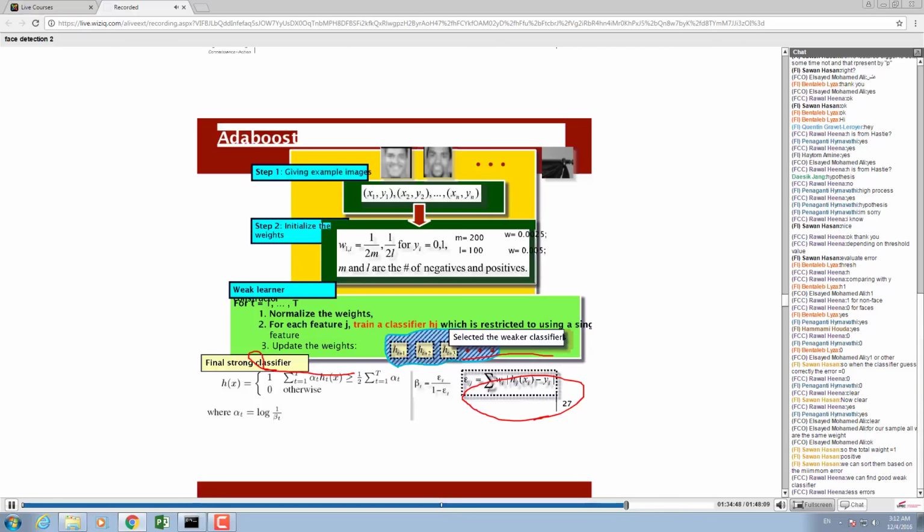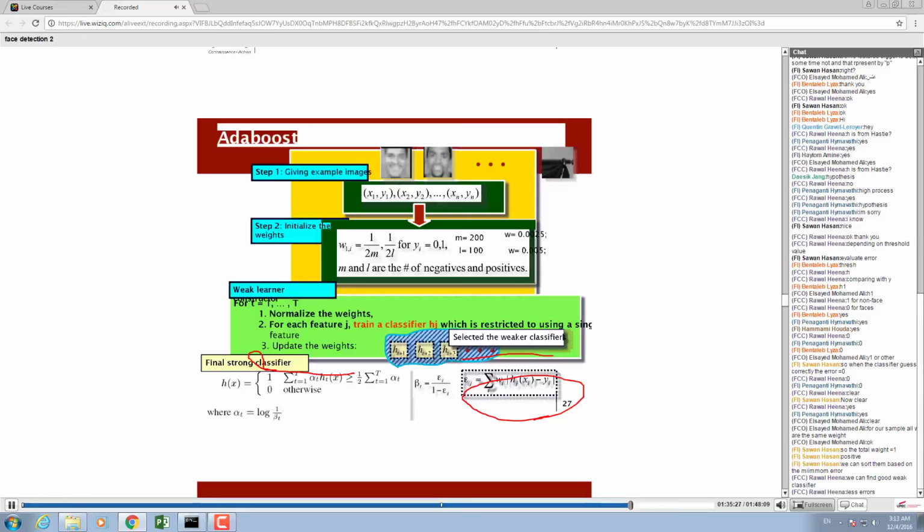And then the next step, number 3, is update the weight. This concept is a little bit tricky to understand in the beginning. Among those many weak classifiers, we selected one winner, the best weak classifier. We call the selected classifier H_t, where t is the iteration of the for loop.